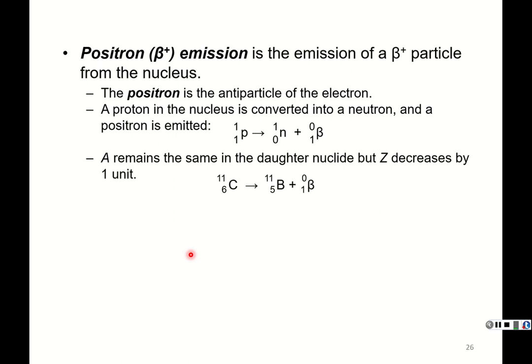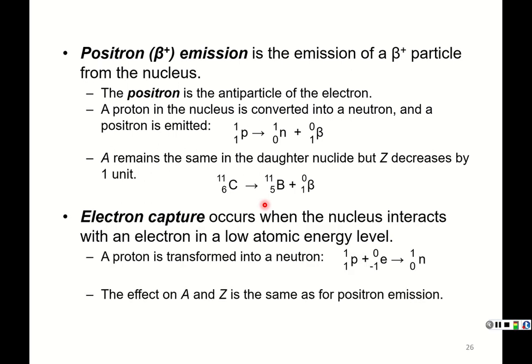A again remains the same in the daughter nuclide, so it's staying at 11, but the Z is now going from 6 to 5. So you're changing to different elements in the other direction. You're getting to a lighter element, whereas in beta decay, you went to a heavier element.